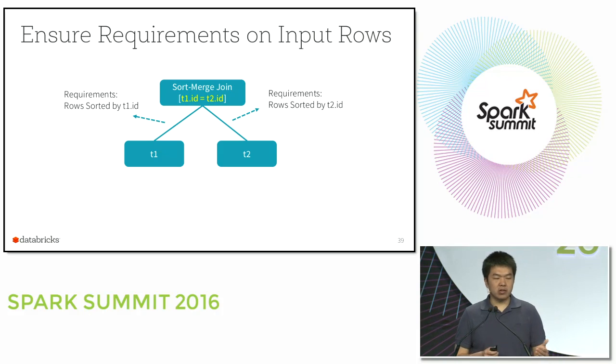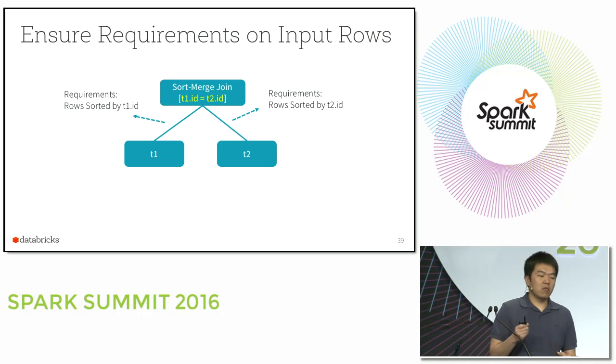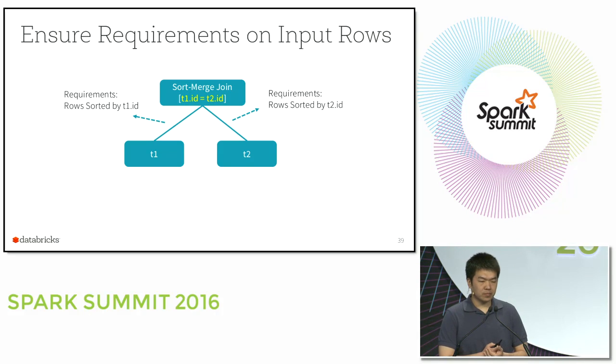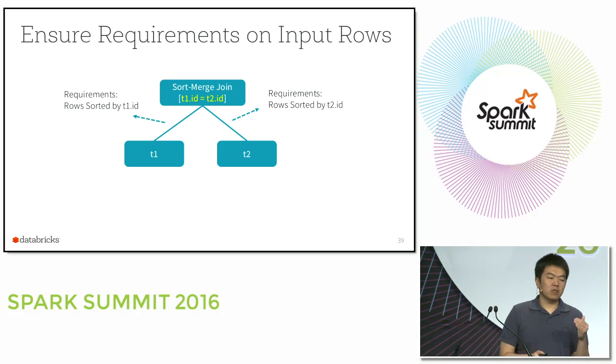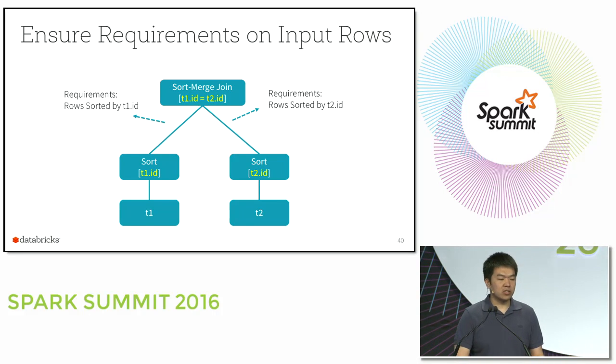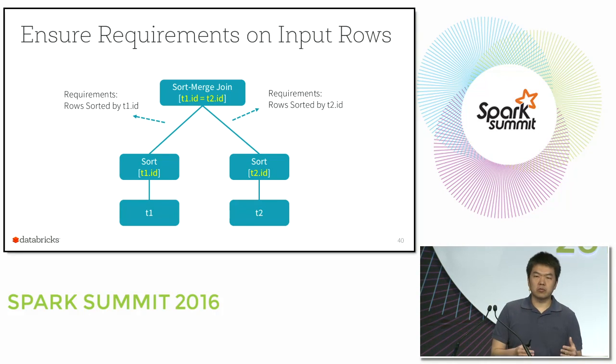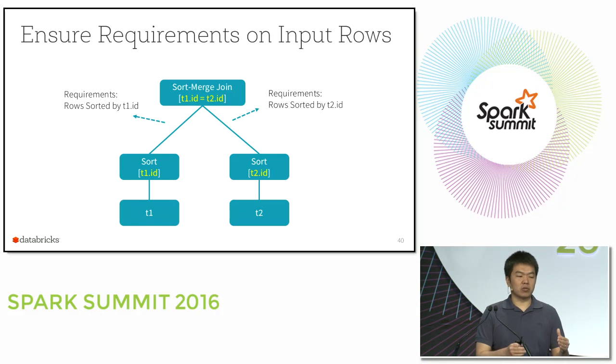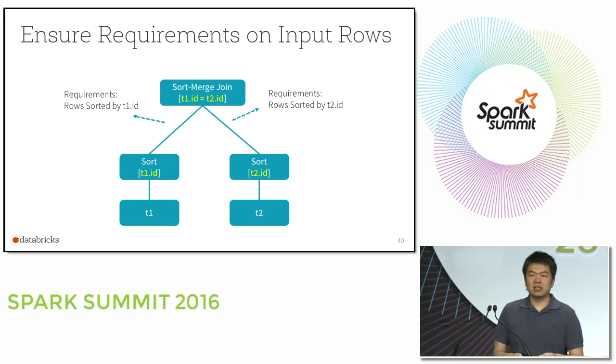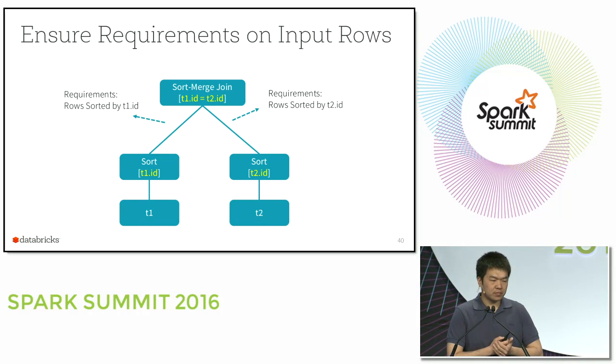Let's say the join condition is t1.id equals t2.id. So t1 needs to be sorted by the value of the ID, and t2 also needs to be sorted by the value of ID. When t1 and t2 are not sorted, Spark's planner will automatically insert the sort operator to sort the rows and make sure the input of the sort merge join satisfies its requirements.